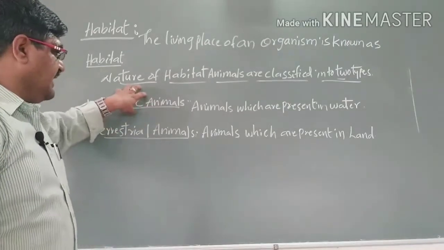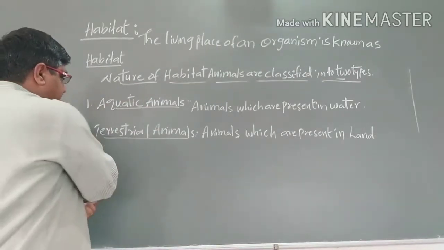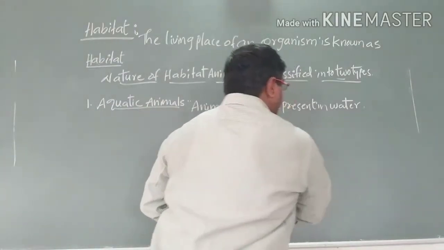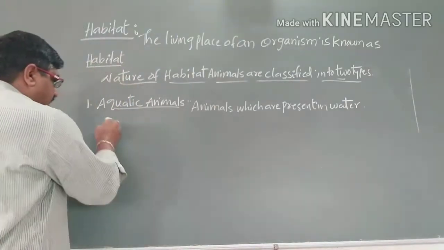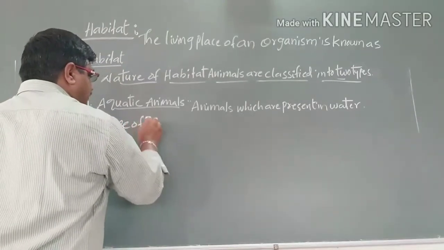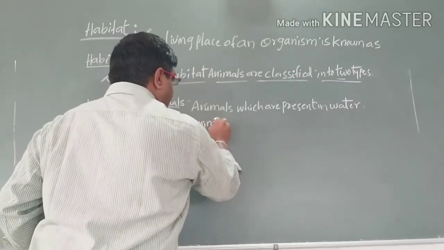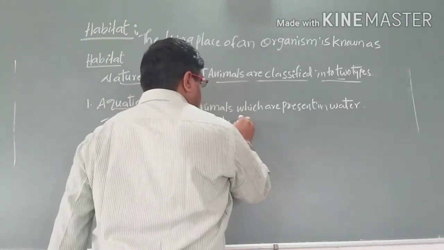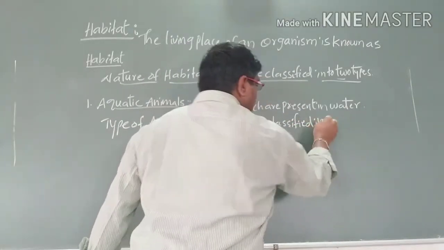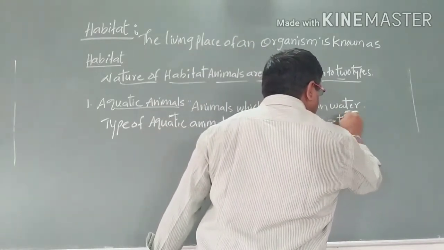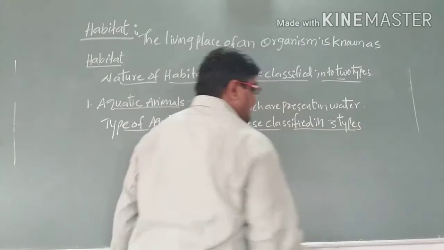Now coming to the first one, the aquatic animals. Based on the types of aquatic animals, these are classified into three types.